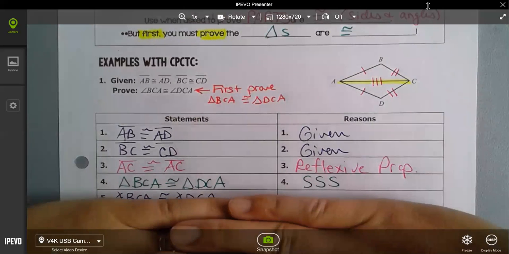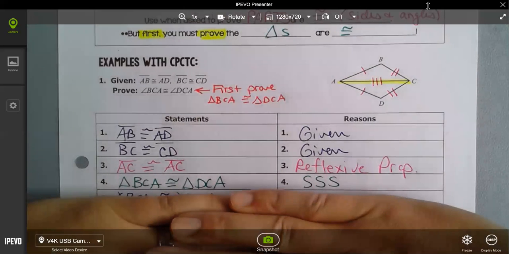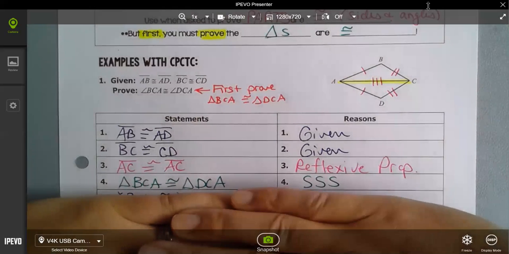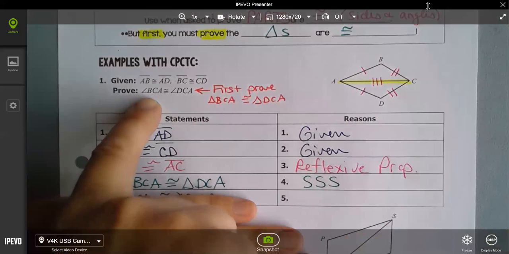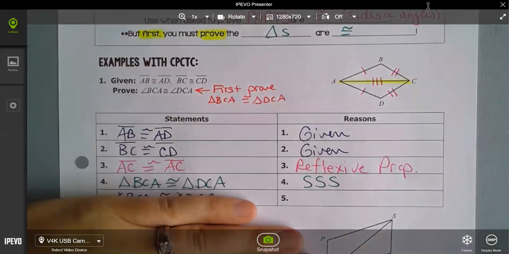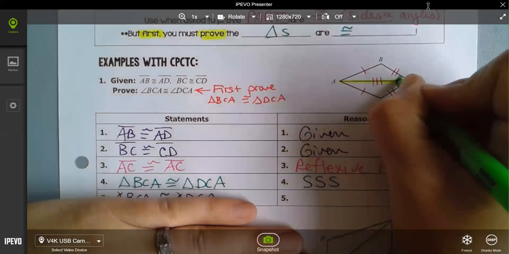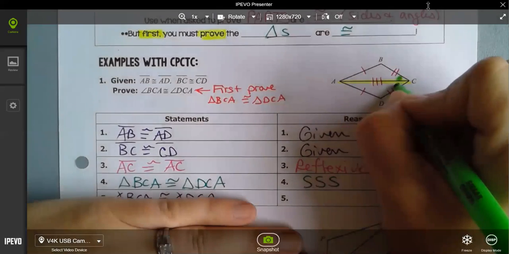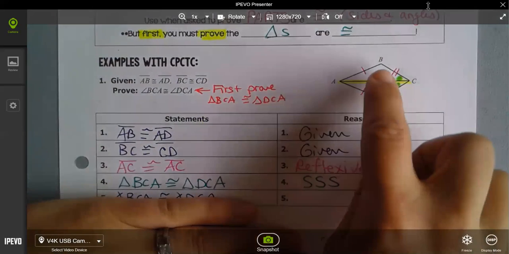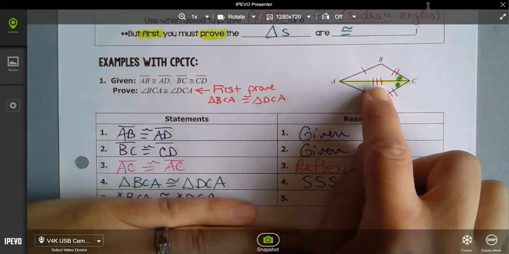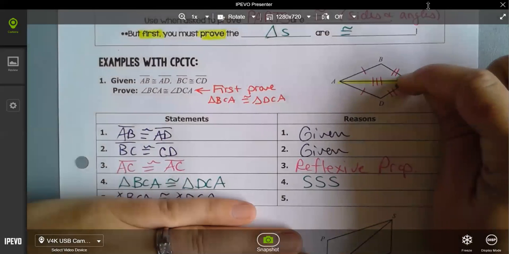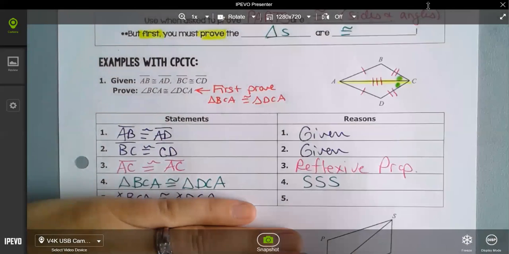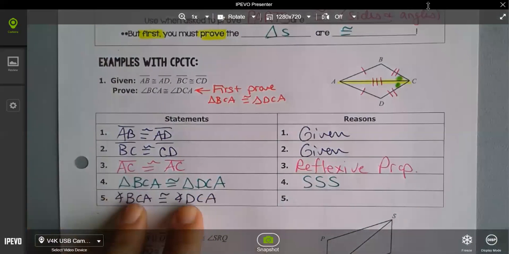So for the past 2 days, this is where our proof has been ending, right? We're taking it a step further, and we want to say that BCA, let me grab my green highlighter. So BCA is right here. This angle is congruent to DCA, this angle. Well, because these two triangles are congruent, and because these are corresponding parts, I can say that they are congruent.